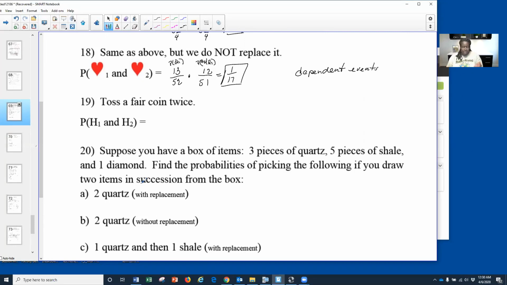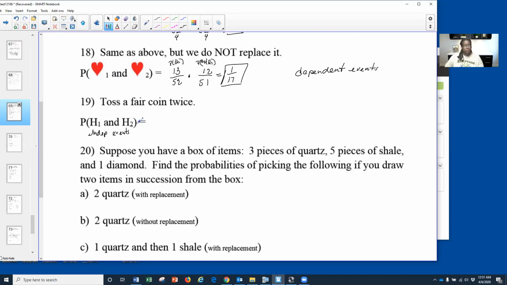These have to be independent events, right? Because your second event does not depend on what happened with your first event. Do you see that? You still have equal chances to get a head with both tosses. So right here, these are independent events.